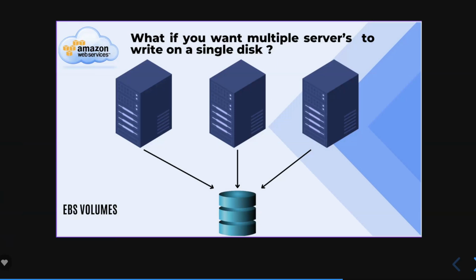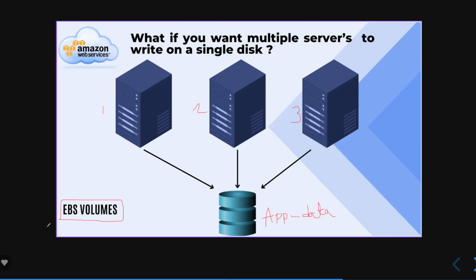Say you create a disk called app data, and you want to mount this single disk, which is also called an EBS volume, to all three servers, so that server one, server two, or server three can read the files, and server two or server three can write the files that are read by it. That means all of them can have a common storage. This is the expectation, but with the type of storage that we use, EBS, Elastic Block Storage, that's not possible, because block level storage is not intended for this purpose.